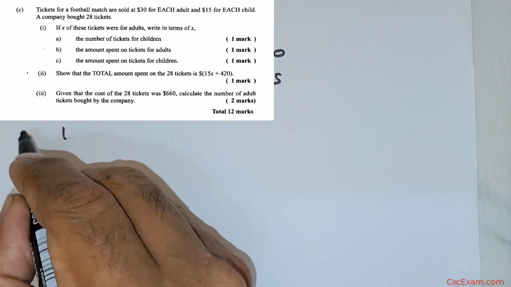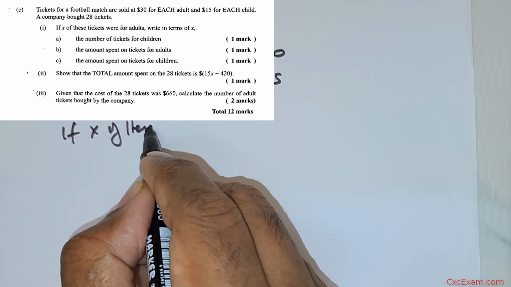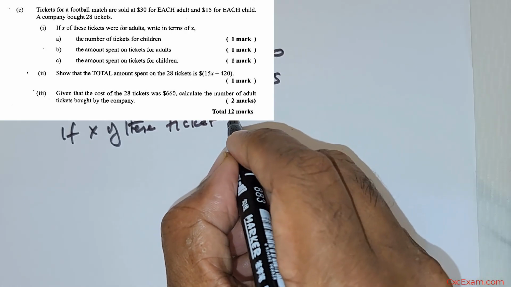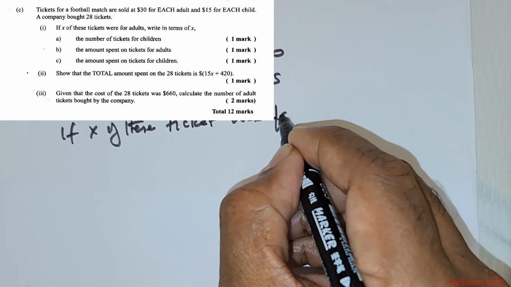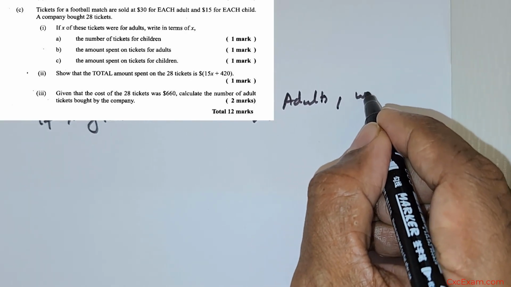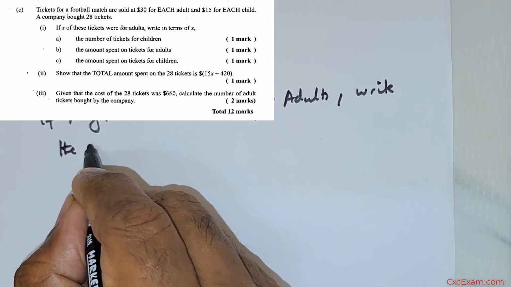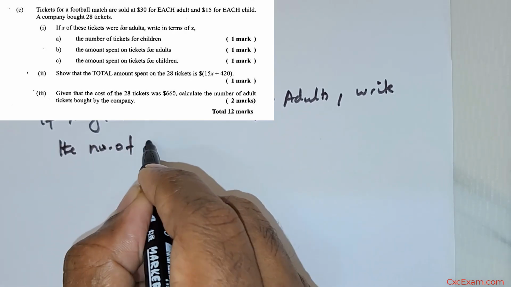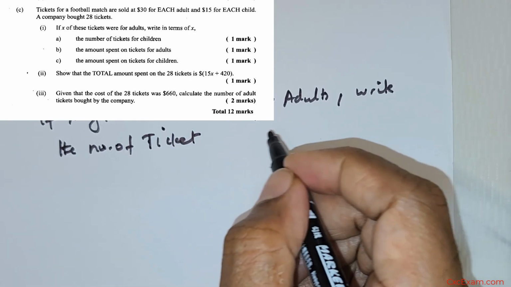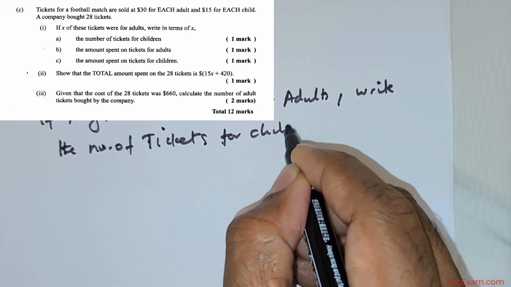Now they are giving the following statement: if X of these tickets are for adults, write the number of tickets for children. Write the number of tickets. I am placing the question on the screen. You can read that. Write the number of tickets for children.